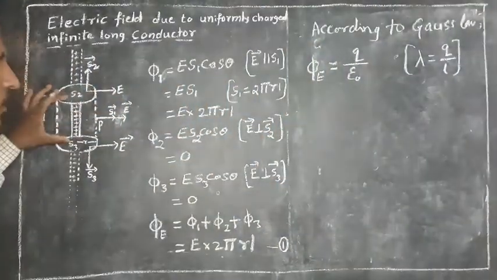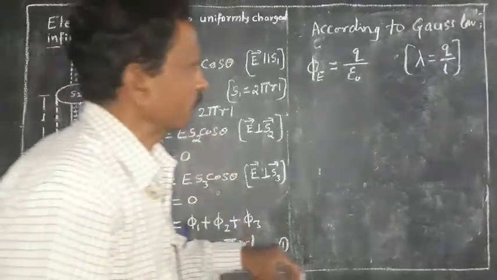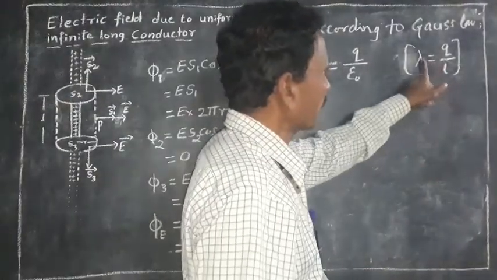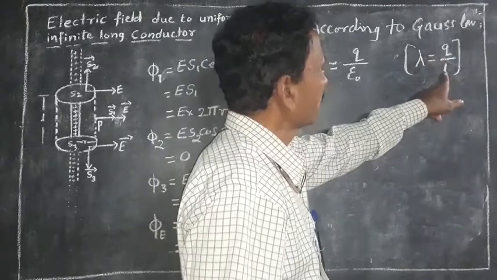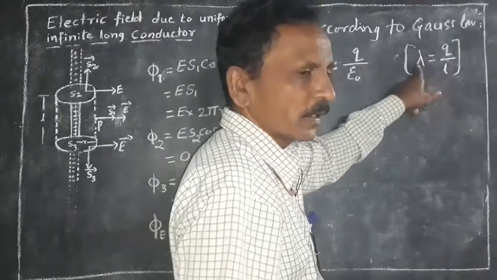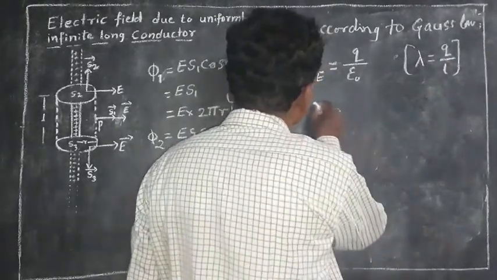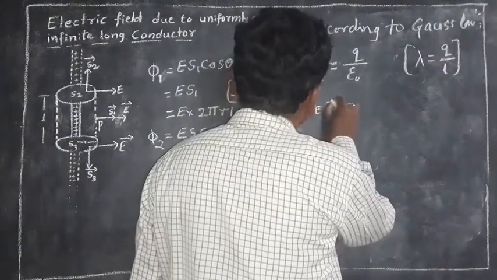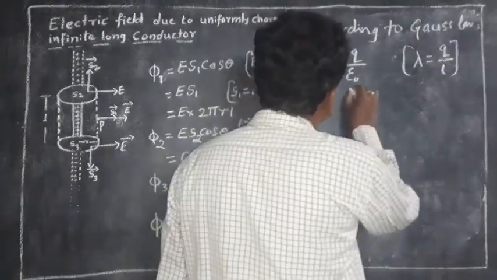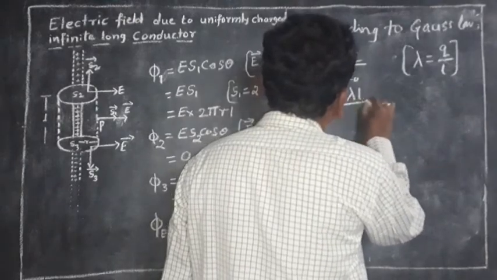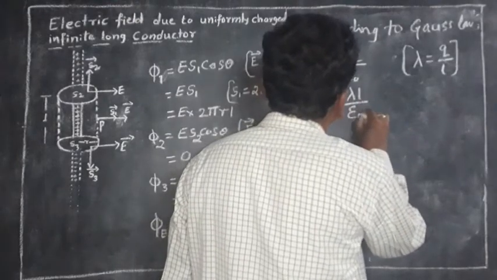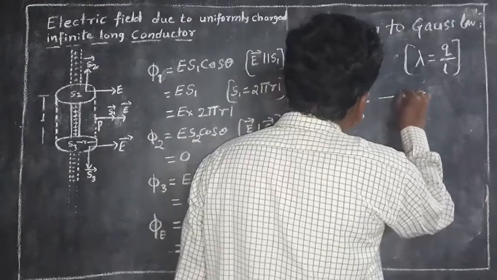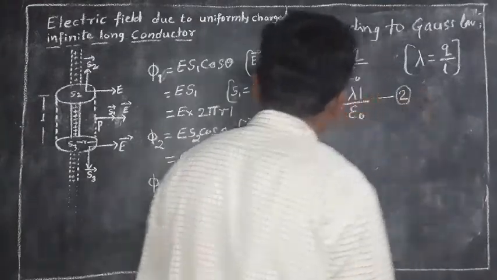Hence Q equals lambda into L. Therefore, phi E is equal to lambda L upon epsilon naught. Consider this as equation 2.